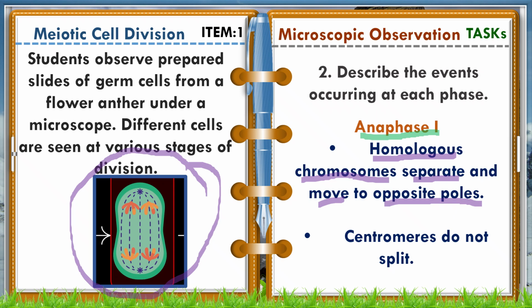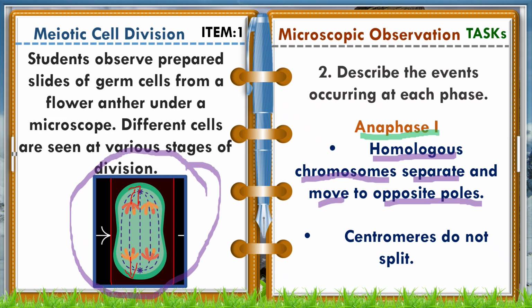When you look at anaphase 1 here, you will see that these two homologous chromosomes, they are separating and moving to different poles. This one goes this side, and this one goes the other side on another pole.